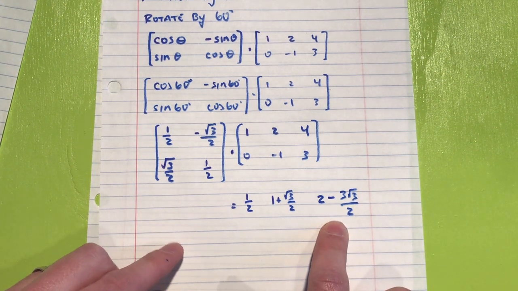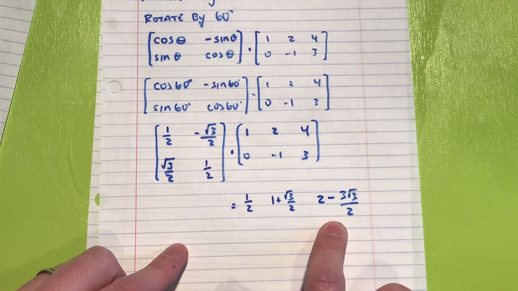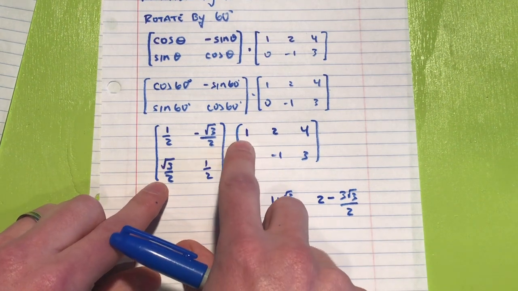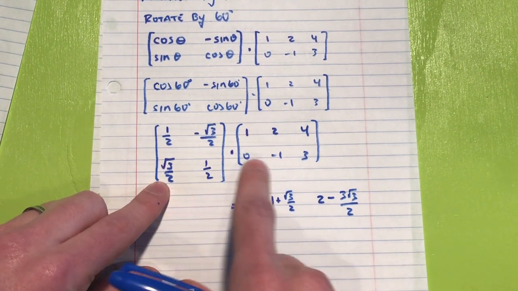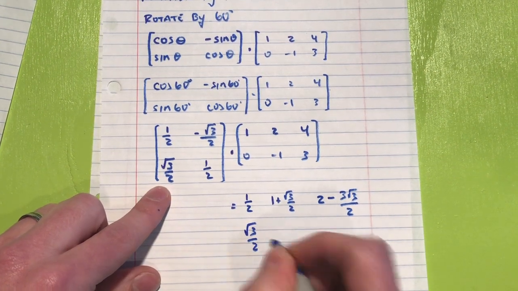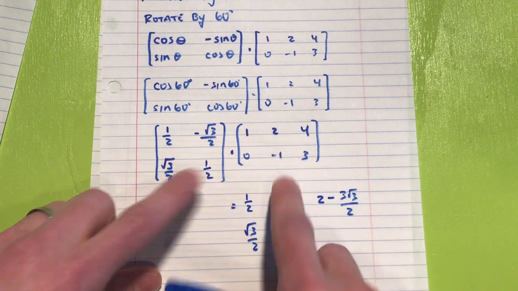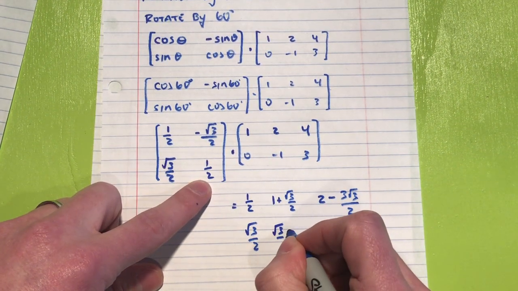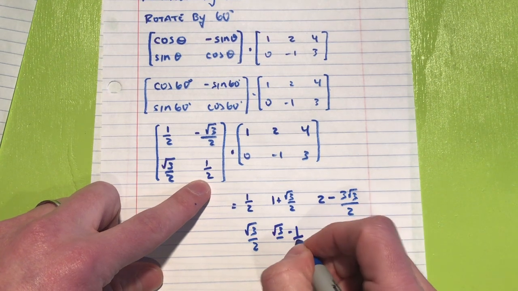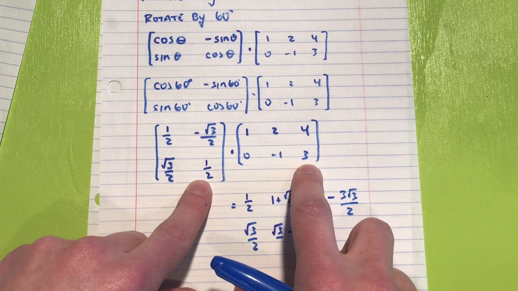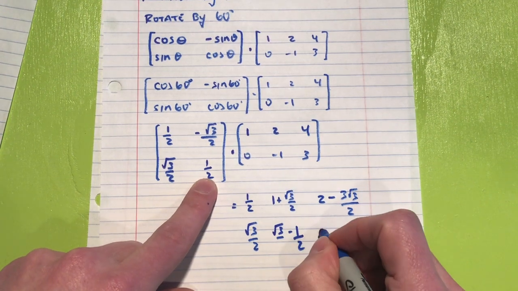Now, we could get some decimals so that we could more easily substitute in and graph this. Going on to the next, we have 1 times root 3 over 2 plus 0. That'll be root 3 minus 1/2. And lastly, 2 root 3 plus 3 over 2.